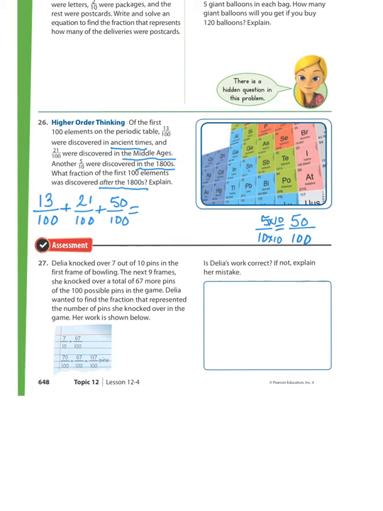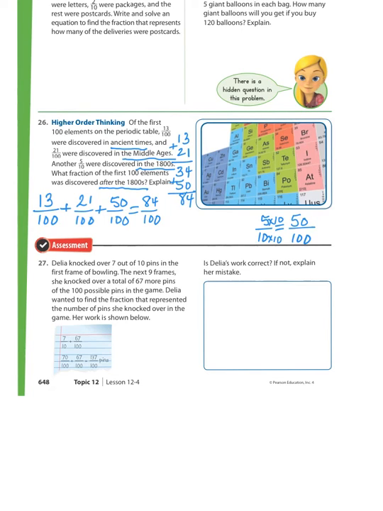I'm going to add 13 plus 21, and I get 34 plus 50 equals 84. So my total is 84/100ths. My total represents everything that happened up to the 1800s. My answer, they want me to find what was discovered after the 1800s.